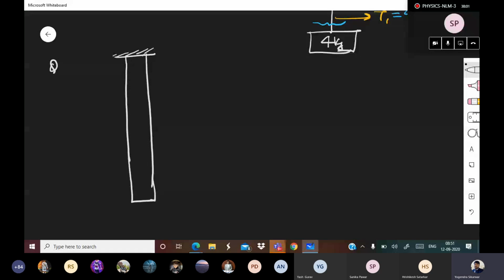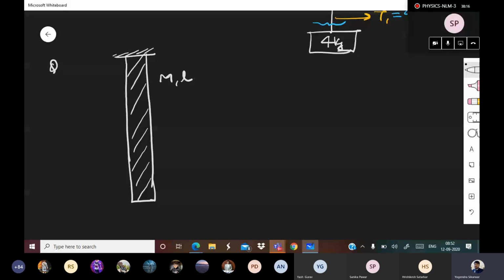This is a rope. M is the mass of rope and L is the length of rope.